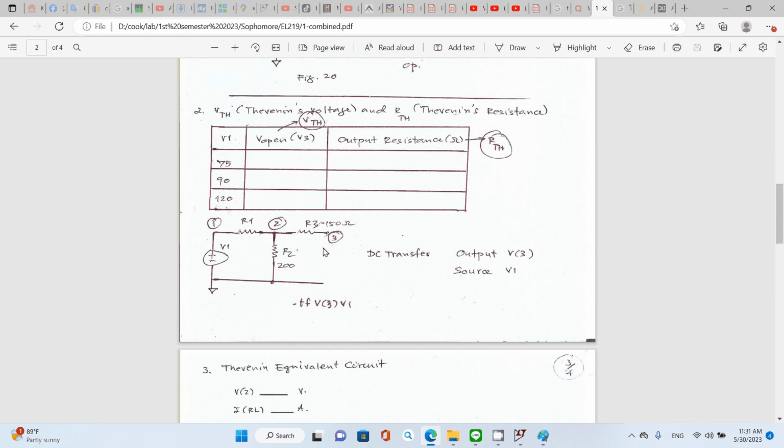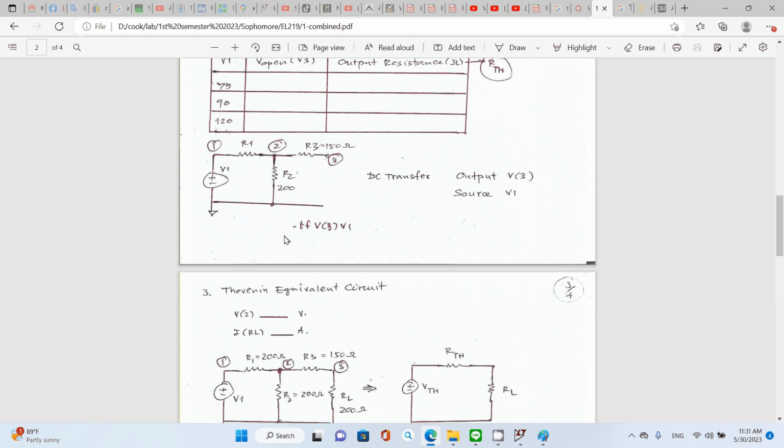Now for LTspice, you need to apply the DC transfer mode. What you need to put in is that you're looking for V3. And actually, this one is for output resistance. You already know that V open from LTspice. So you need to put the command .tf, which stands for transfer function.